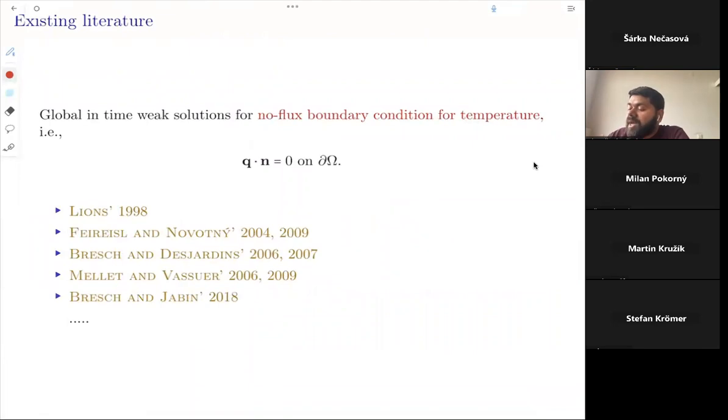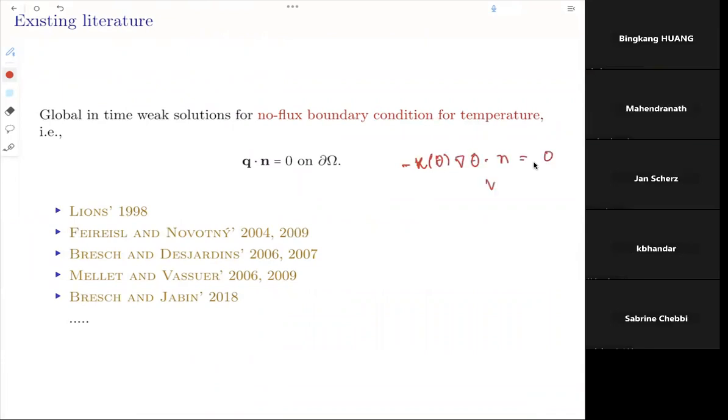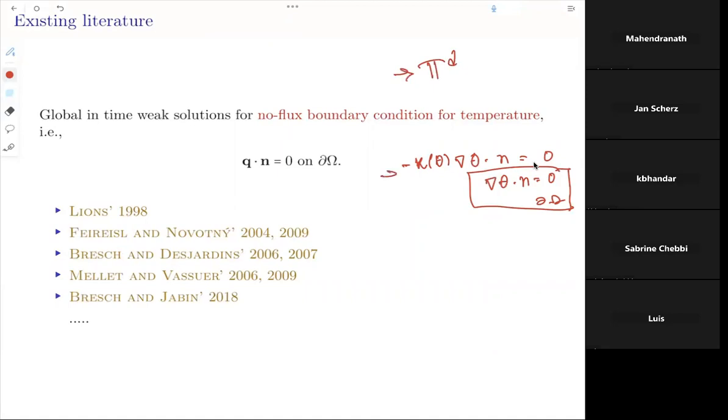In a domain you consider this Q, and if you write down the form of Q, you can see that this is this type of condition. In other words, if you just consider this Neumann type boundary condition on temperature, this is basically the no flux, or even for simplicity, you can consider the torus. So there are two cases: either it can be the torus or a Neumann type boundary condition.